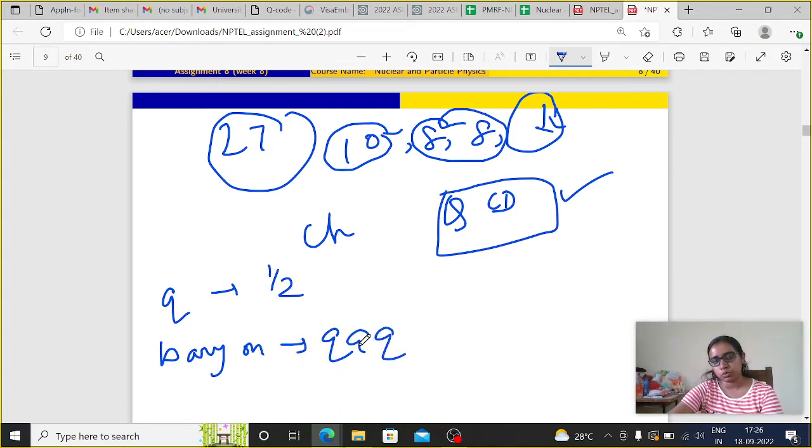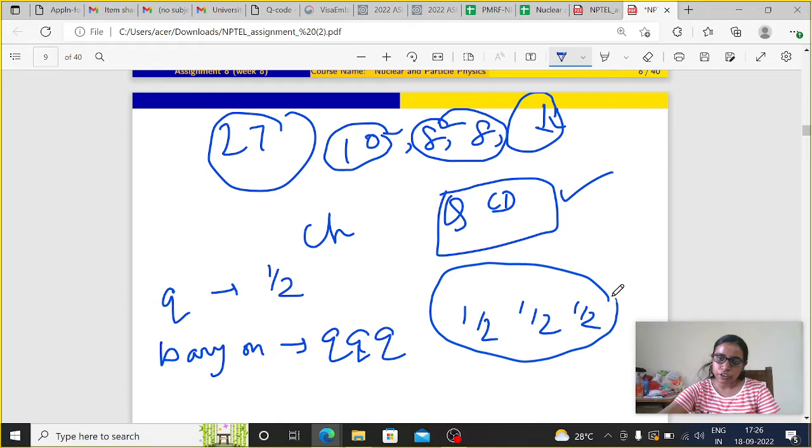Q, Q, Q. Pauli exclusion principle says that no two similar spins will be in one state. Like if I write here half, half, half, then it cannot make a bound state. It should be an unbound or unstable state, because here all the three spins are in the same direction. Like if I write here U, U, U, then it will be like that.